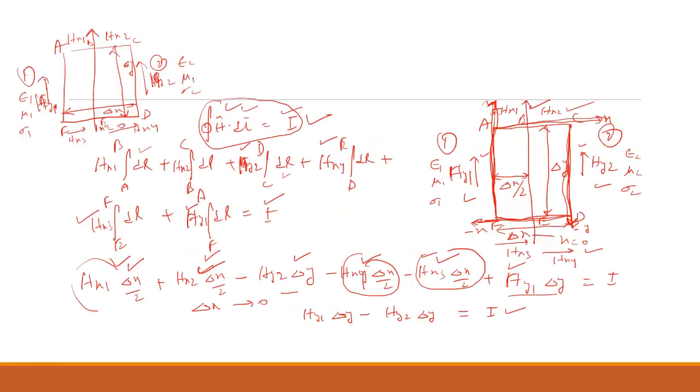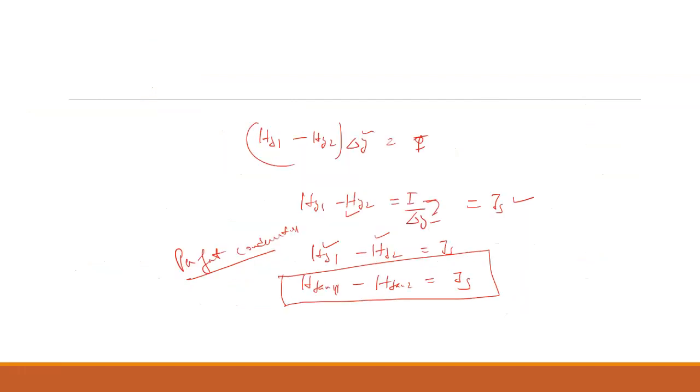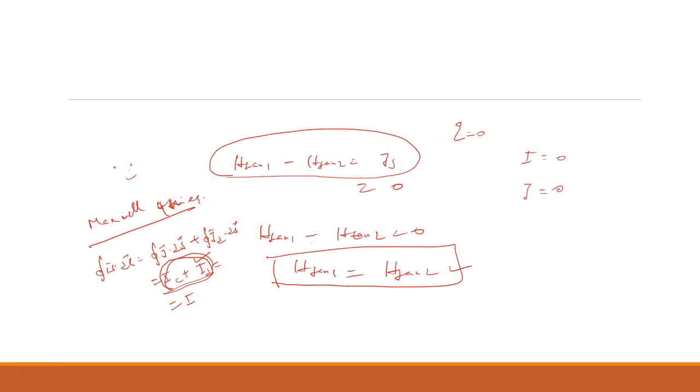Now these Hy components, this component and this component, are parallel. They are the tangential components. So H tan 1 minus H tan 2 equals Js. This is for the perfect conductor where there is a current. Now if there is no charge, then I will be 0, the current density will be 0, so the right side will become 0.